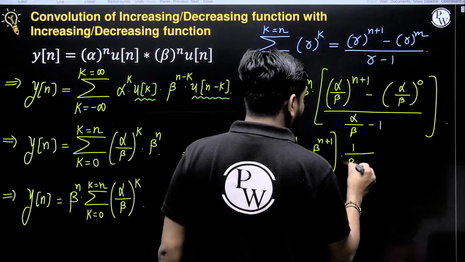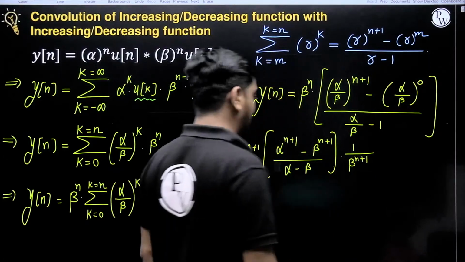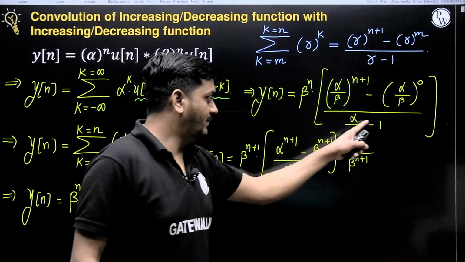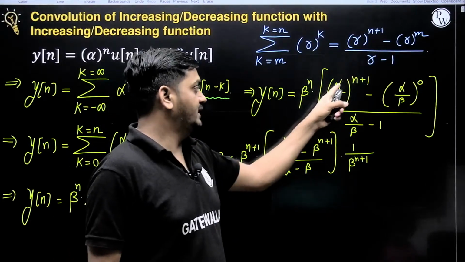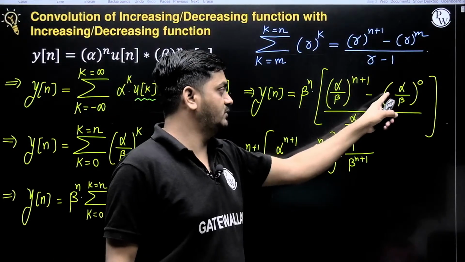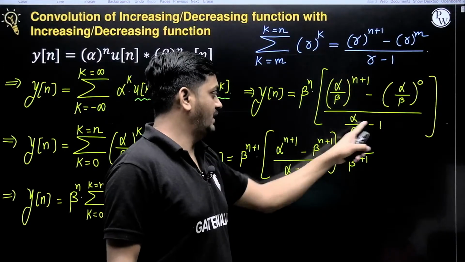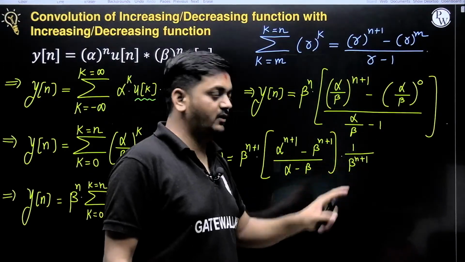beta power n plus 1, correct? Again alpha minus beta, this beta will come in the numerator with this, so this is beta power n plus 1. Here alpha power n plus 1 LCM, here this is 1, so into beta power n plus 1 divided by alpha minus beta, and here this beta power n plus 1.